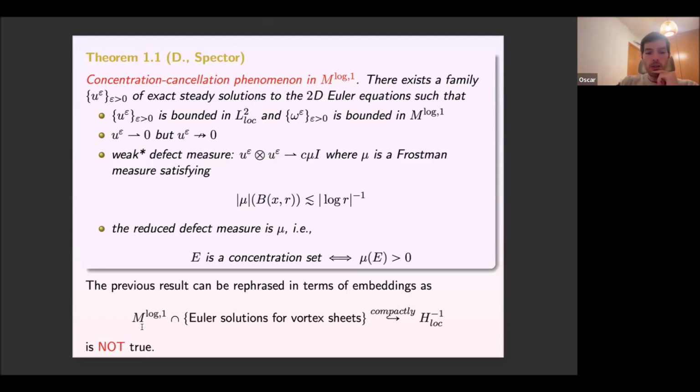Not only is this modular space not compactly embedded into H^-1, even better, this space intersected with the set of Euler solutions for vortex sheets is not compactly embedded into H^-1. This is what we really need to obtain the concentration cancellation phenomenon. If we forget about this, it is still not strong enough to conclude concentration cancellation.